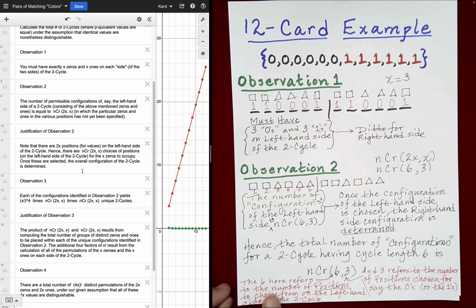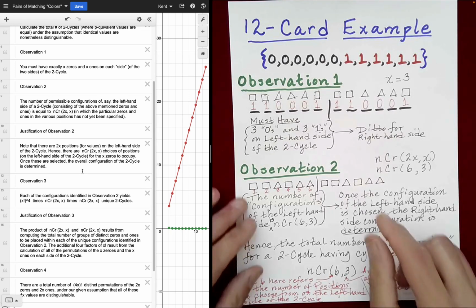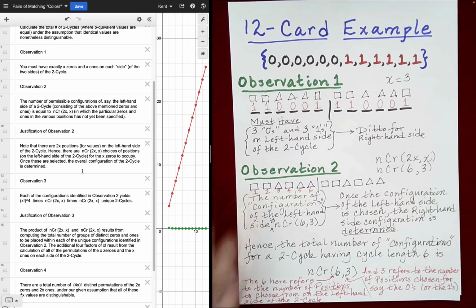So the 6 here refers to the number of positions to choose from on the left-hand side of the 2 cycle, and the 3 refers to the number of positions chosen for, let's say, the zeros or for the ones, or as graphically depicted for the squares or the triangles.